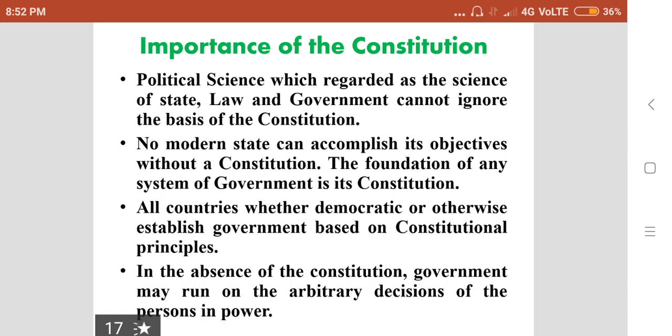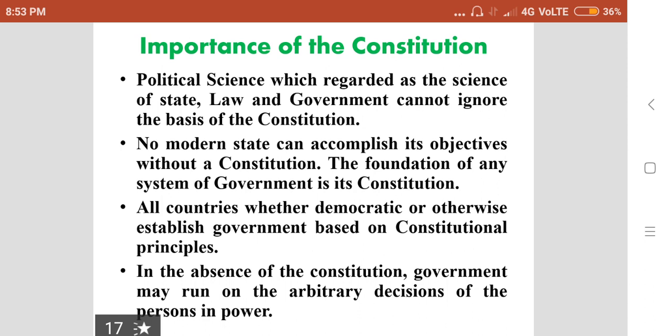No modern state can accomplish its objectives without a constitution. The foundation of any system of government is its constitution. All countries, whether democratic or otherwise, establish a government based on constitutional principles.